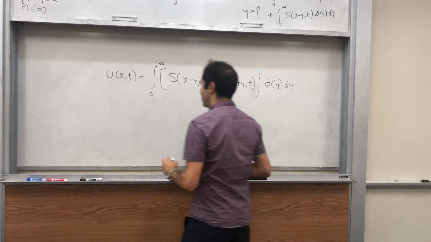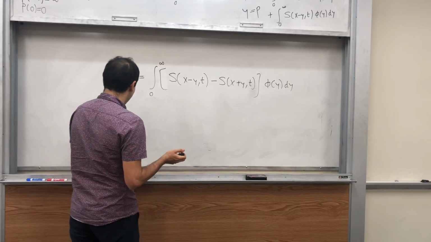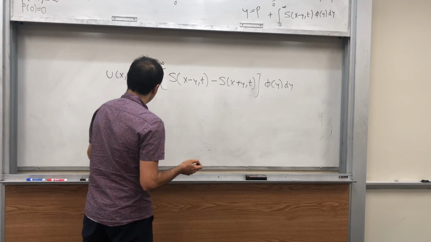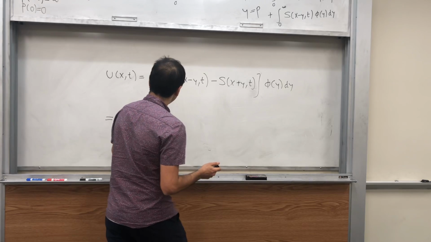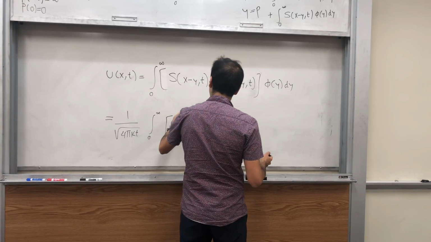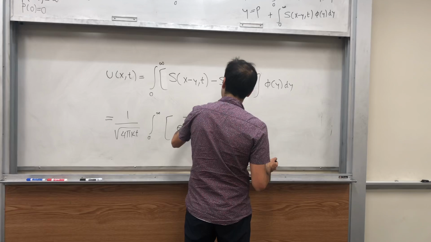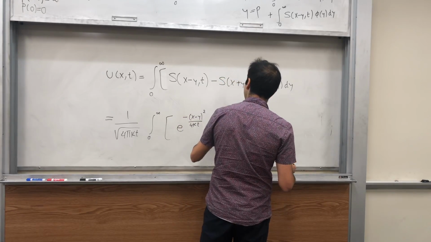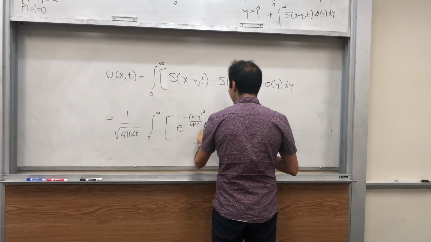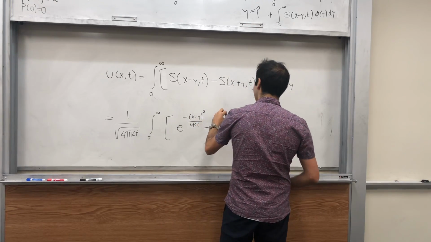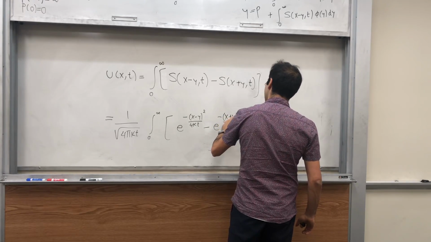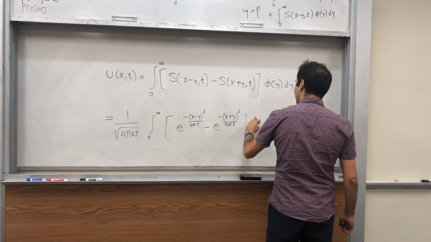Well, if you really want the explicit formula, it's 1 over square root of 4 pi kt, integral from 0 to infinity of e to the minus (x minus y) squared over 4kt, plus e to the minus (x plus y) squared over 4kt. And then phi of y dy.